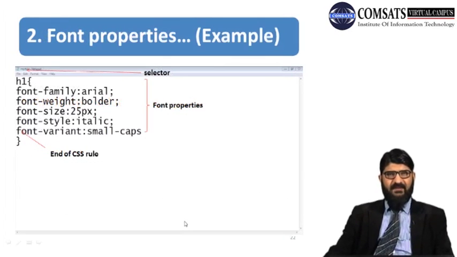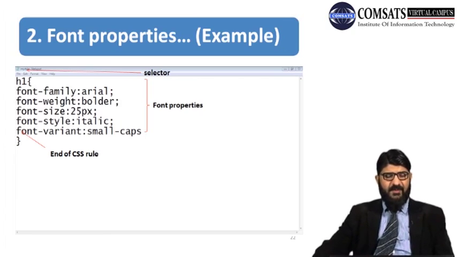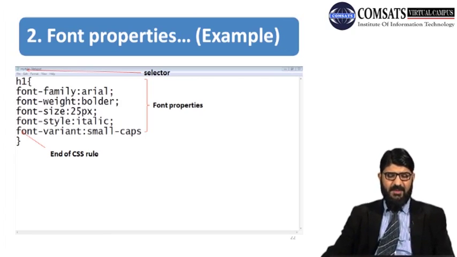Now see the example of font properties. We have created a text file where we are going to mention our CSS, and this will be external CSS. H1 heading is given, the heading started, font family, colon Arial and semicolon close, so that we go on to the next property.